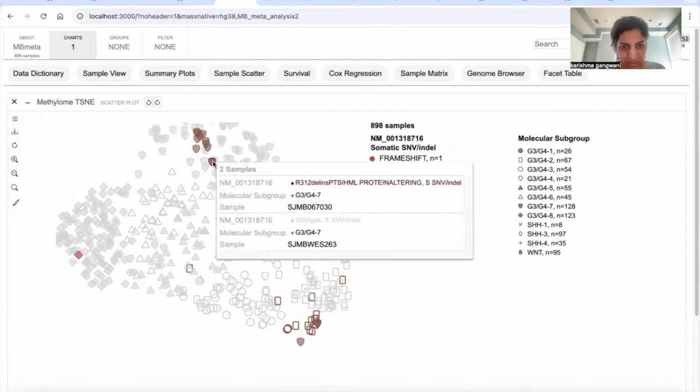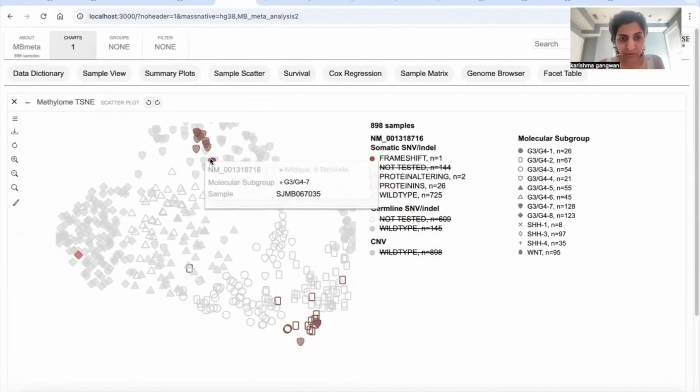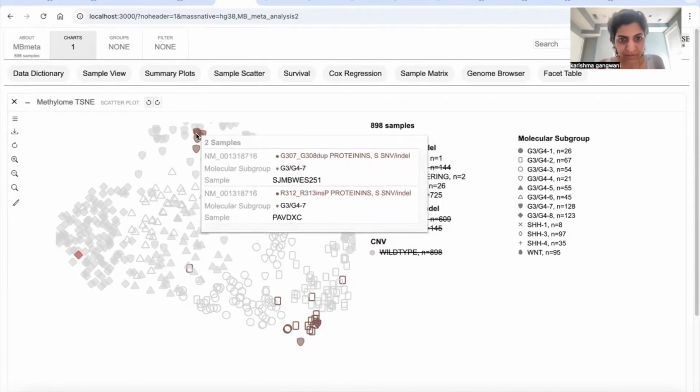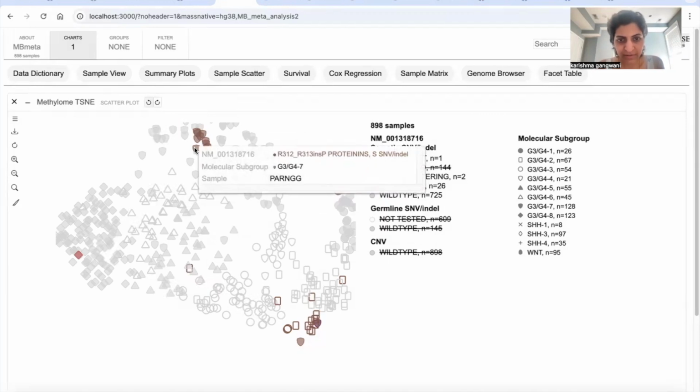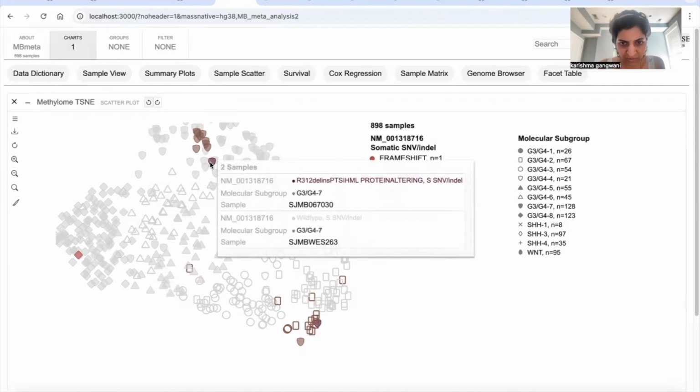And the other complex mutation we also found was R312 with a proline, threonine, serine, isoleucine, histidine, methionine, and leucine. This is very interesting because you notice that most of the subtype 7 are single codon insertions. So there are only single amino acids inserted, except for this one, which is a multiple codon insertion.